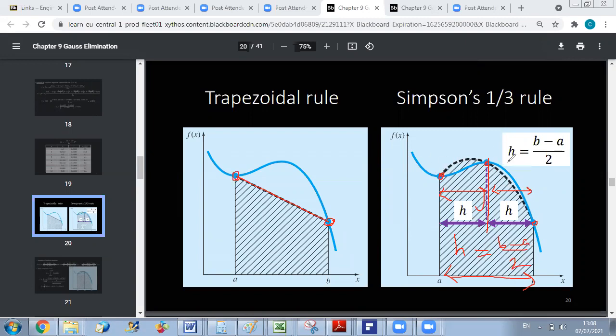This is why for highly nonlinear functions, Simpson's will work better than the trapezoidal rule, because there you have a linear behavior, which is very far from, let's say, the curve that we have, while a quadratic function has curvature, so it can better handle the case where we have very nonlinear curves.